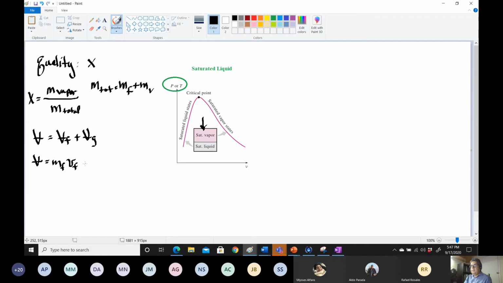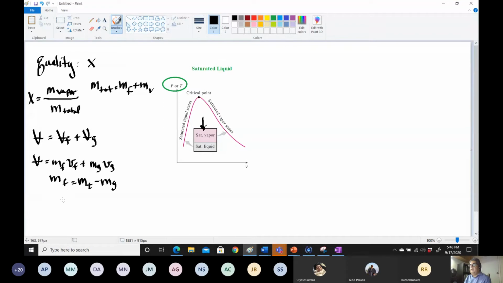So the total volume is the mass of the liquid times the specific volume of the liquid plus the mass of the vapor times the specific volume of the vapor. All right. So then another way of writing mass of the liquid is to say it's the mass total minus the mass of the vapor.